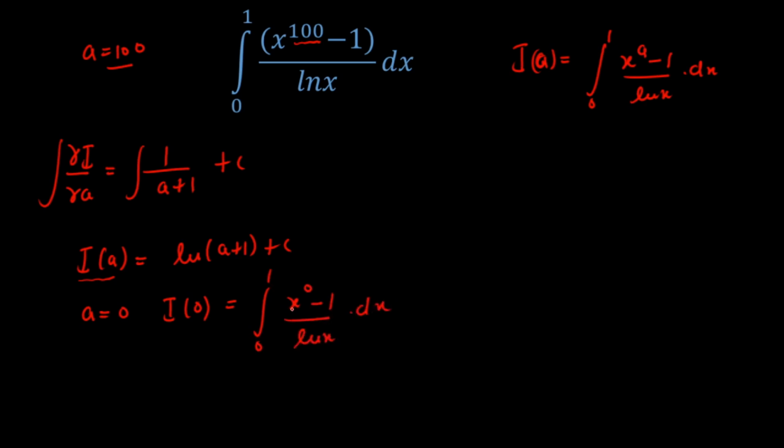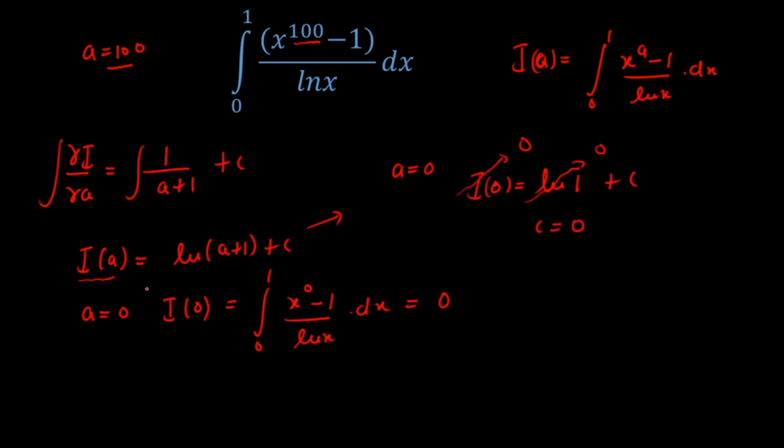Now x raised to power 0 will be equal to 1, and 1 minus 1 is equal to 0. So the integration value will be 0. Now from this I'm going to calculate the value of c. In this relation I put a equal to 0, and I get I of 0 is equal to ln of (0+1), which is ln of 1, plus c. Now the value of I of 0 is 0, and the value of ln of 1 is also 0. So I directly got the value of c, which is 0.